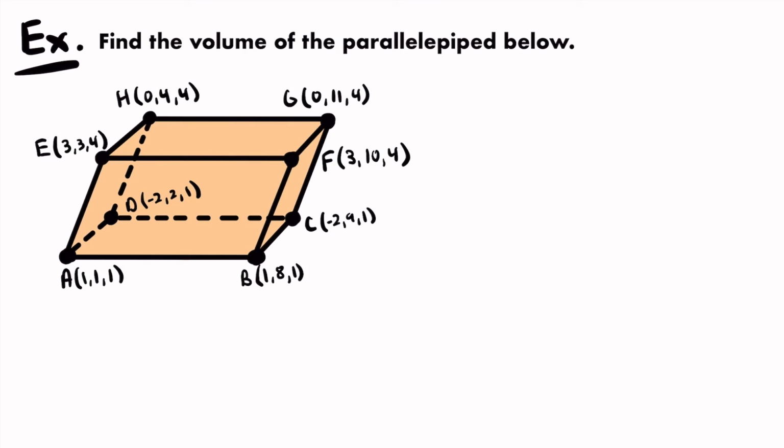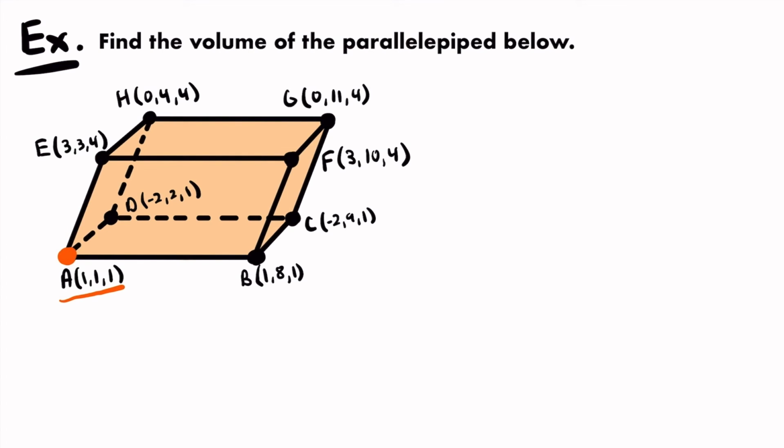You just want to pick one vertex and then create 3 vectors from that vertex. All right, and so just to make things simple, I'm going to choose to use vertex A. I'm going to use this point right here to start all 3 of my vectors. We're going to have a vector that connects vertices A and B, a vector that connects vertices A and D, and then a vector that connects vertices A and E.